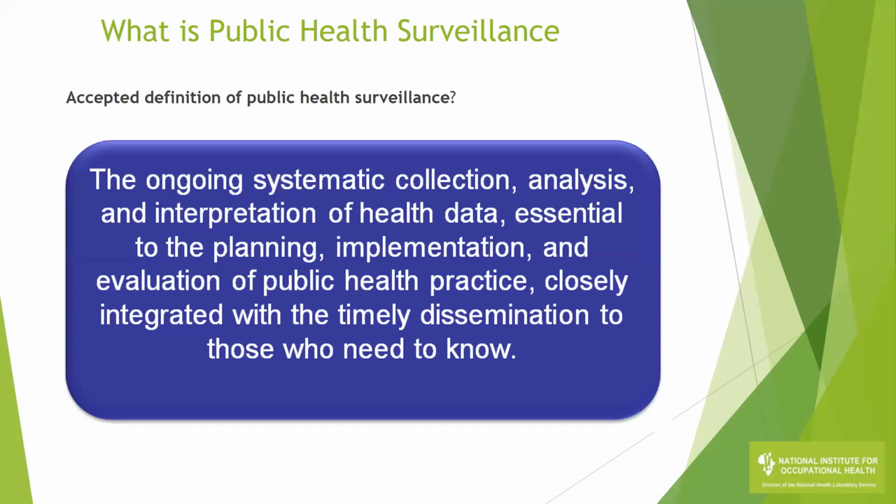So what is public health surveillance? The accepted definition is the ongoing systematic collection, analysis, and interpretation of health data, essential to the planning, implementation, and evaluation of public health practice, closely integrated with the timely dissemination to those who need to know.